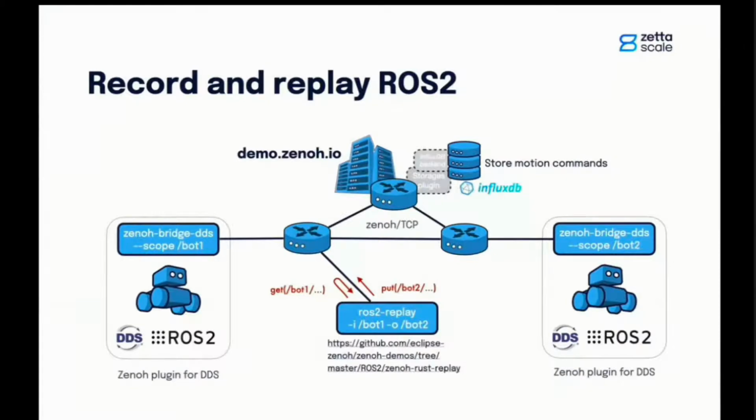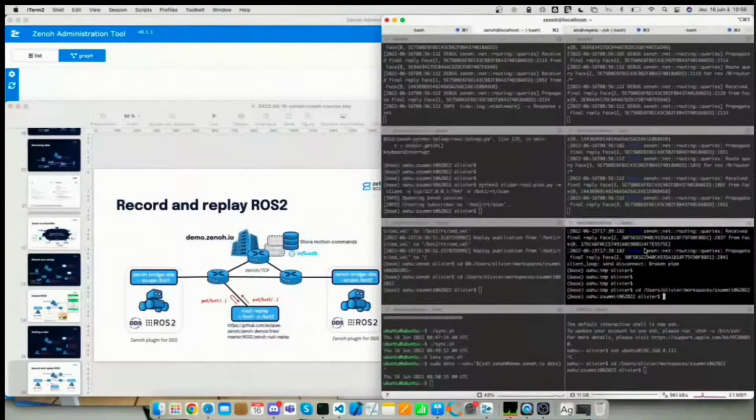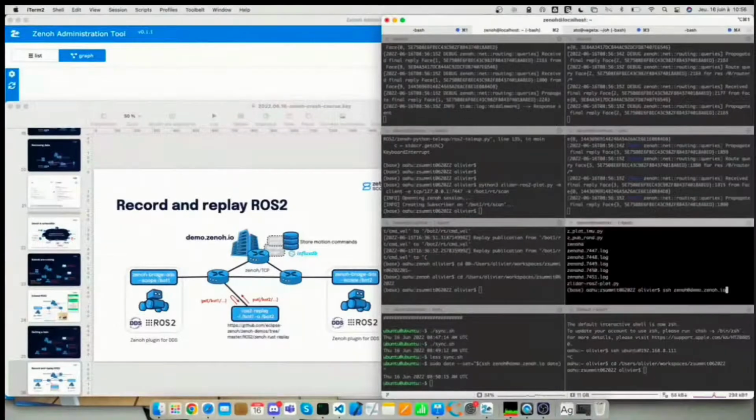And then later on, we'll have a ROS2 replay tool, which we developed using Zenoh, that will get everything that has been published in InfluxDB and replay the publication on a different path, but with the same timescale. So let's do this. First, I need to connect to the cloud.